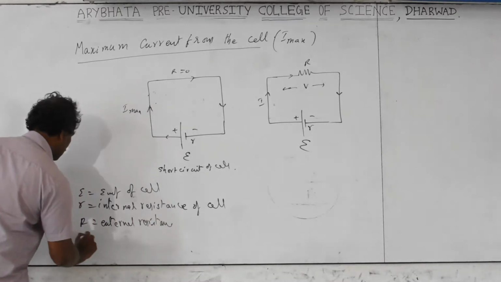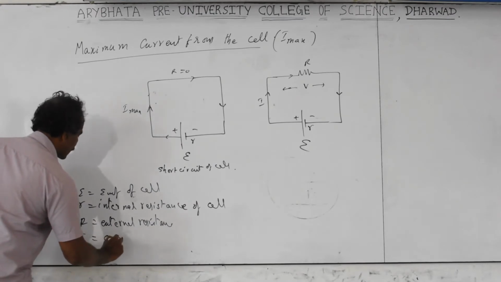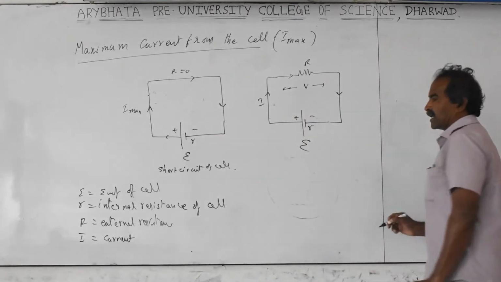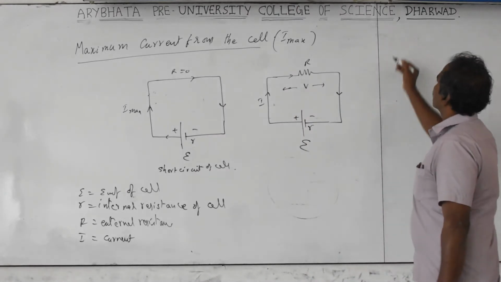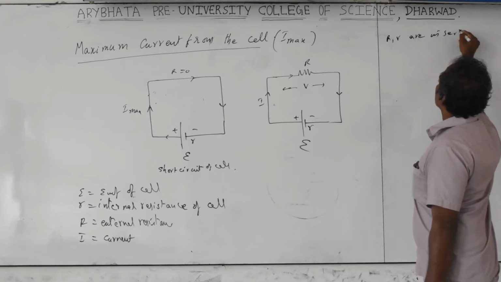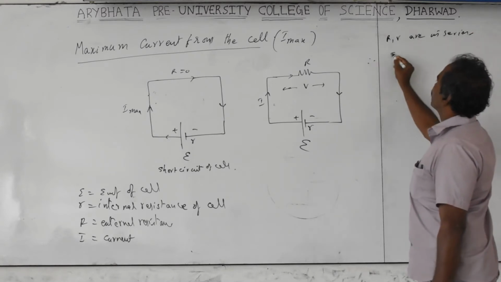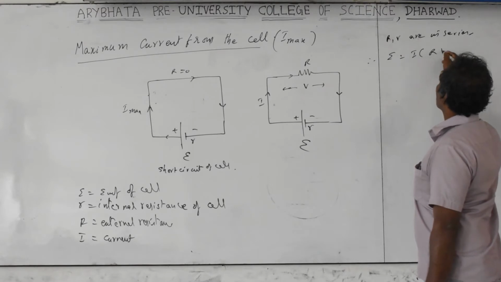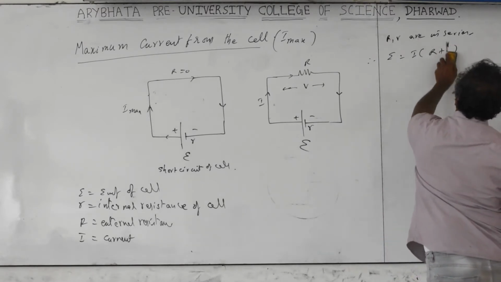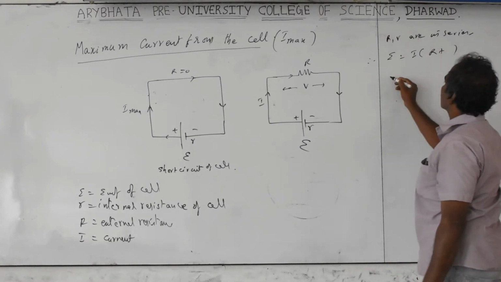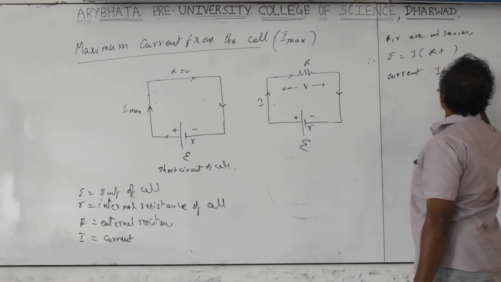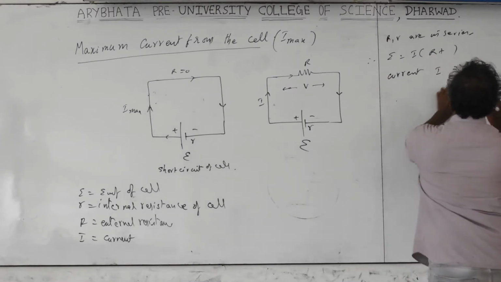I is the current, not the maximum current. Small r and capital R are in series only. Therefore, EMF E equals I into (R plus r), or current I equals E by (R plus r).